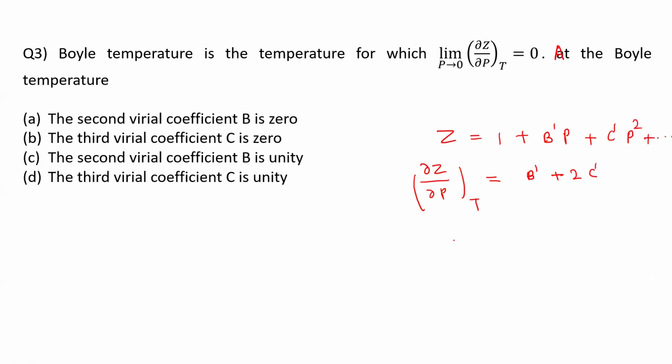As P tends to 0, it is equal to only B'. So at the Boyle temperature this is equal to 0, as given. That's why B' is 0. The second virial coefficient B is 0. This is the correct option.